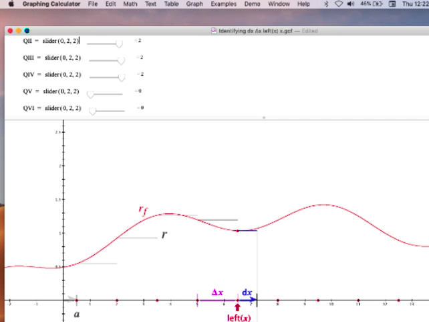Left of x, dx, and x. So for each one of those, I want you to first determine whether each one is either a variable or a parameter.